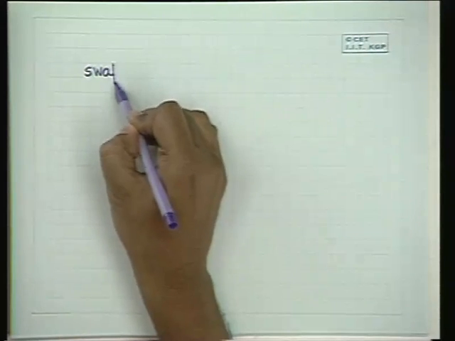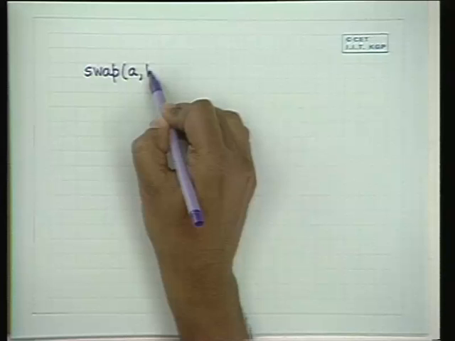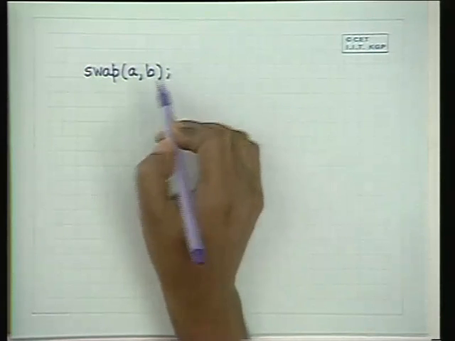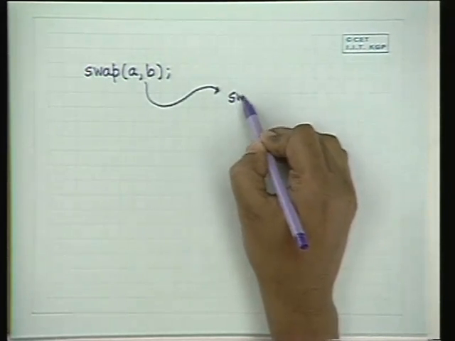So in C language, we had the swap routine like this. A call to the swap routine was made like this, swap(A, B), and this generated a call to swap(i, j).